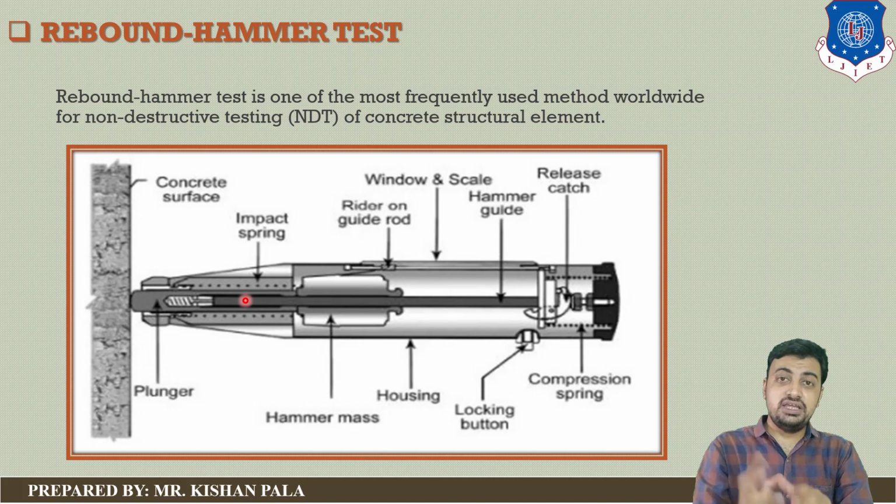is really sensitive, so if you are measuring the compressive strength of the concrete mass, this will be influenced by the different properties of the concrete mass. If you are measuring concrete with a larger aggregate size, the rebound from the larger aggregate will give you a higher compressive strength of the concrete.